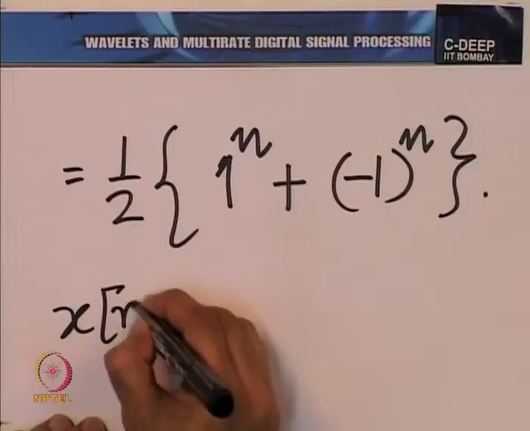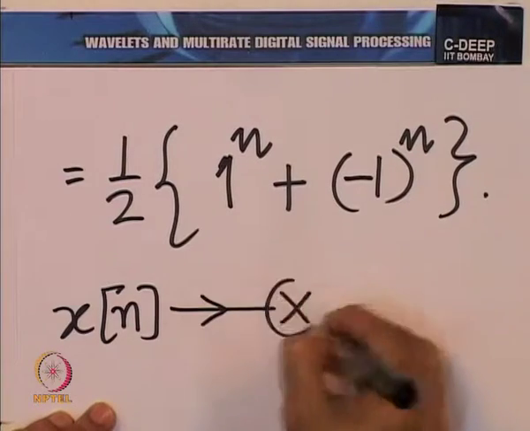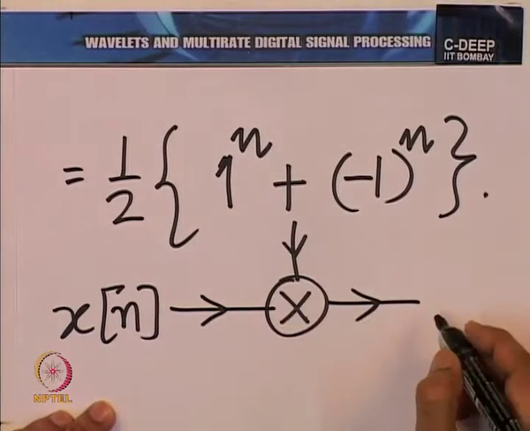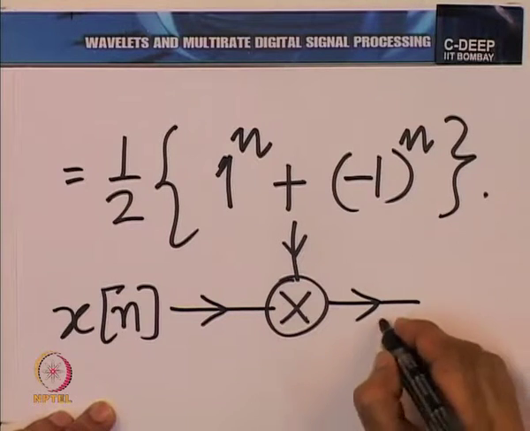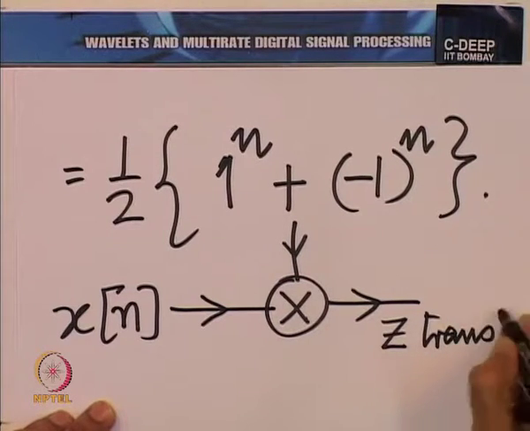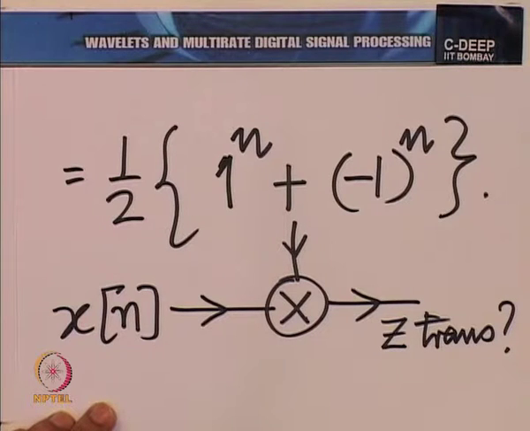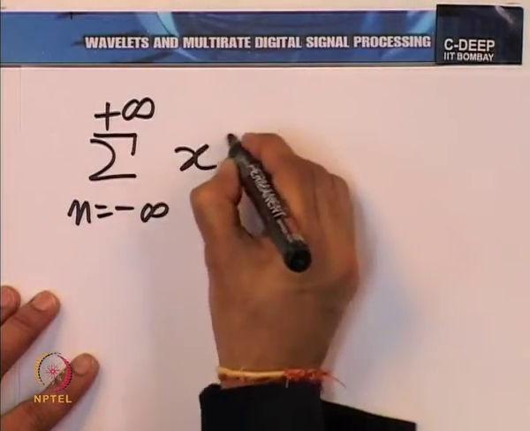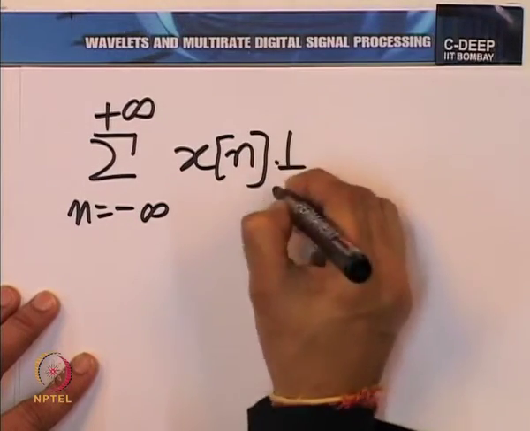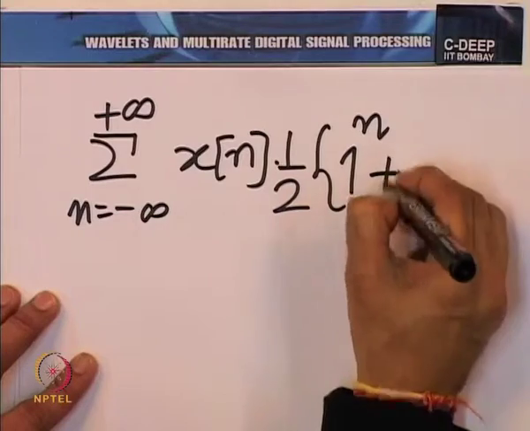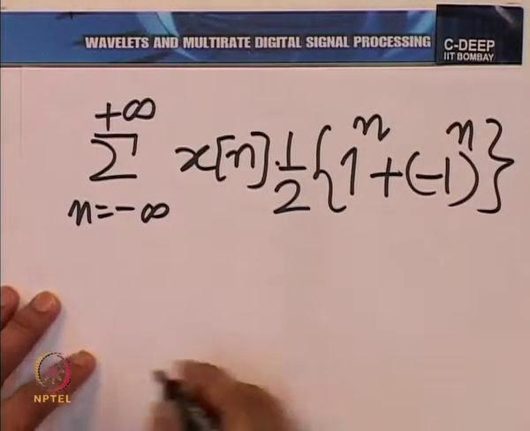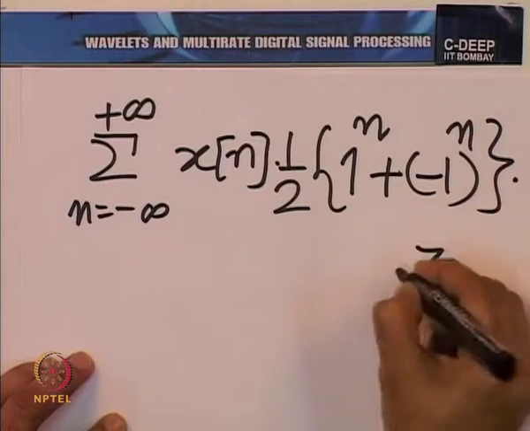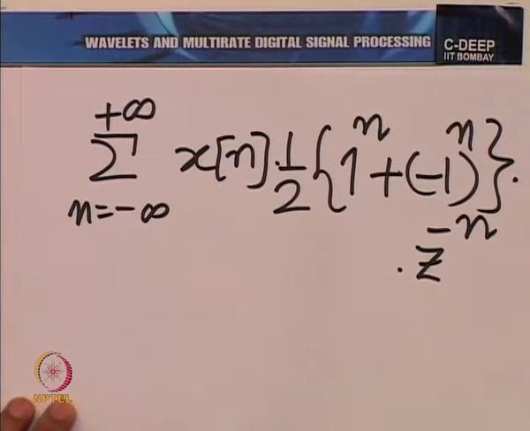Indeed, what we are saying is, if you have x[n] and you are multiplying this by this sequence and you wish to obtain the Z transform here, all that you need to do is to express the following: n going from minus to plus infinity, x[n] into half, 1 raised to the power of n plus minus 1 raised to the power of n, times z raised to the power of minus n in the z domain.